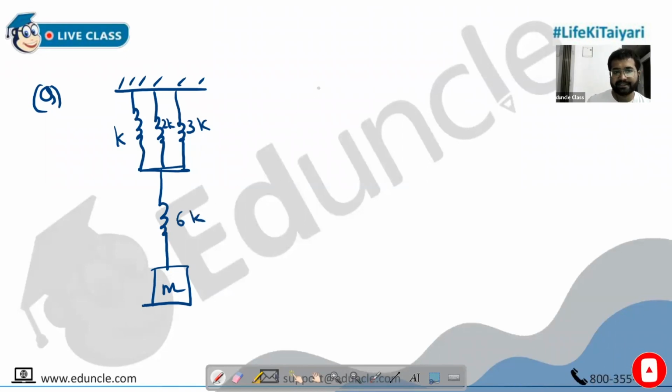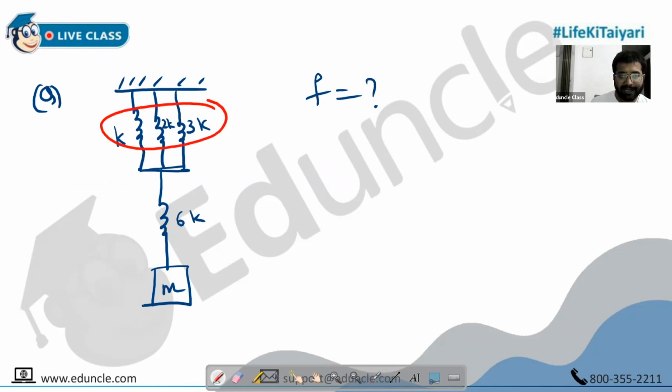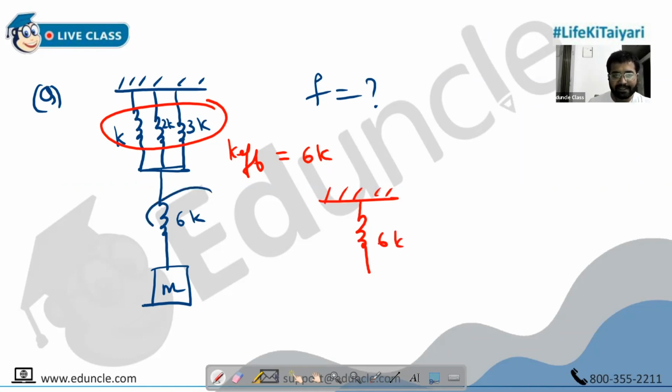Okay, and they're asking you to find the frequency of oscillation of this. So first of all, these three are in parallel. So the K effective for these three, by direct addition, is K plus 2K plus 3K, which is 6K.